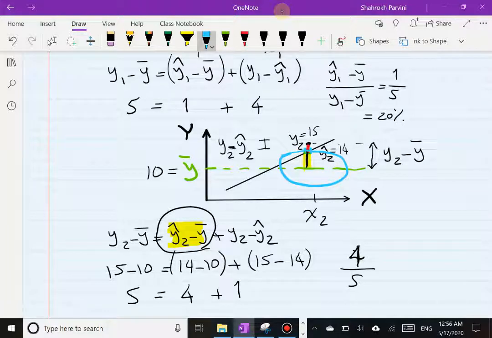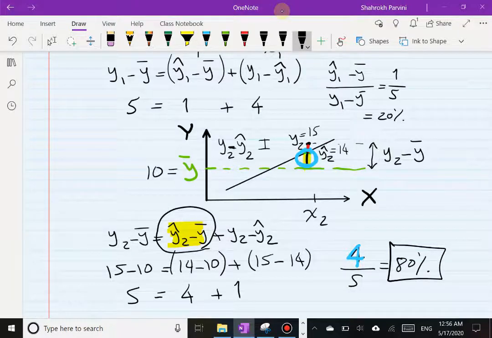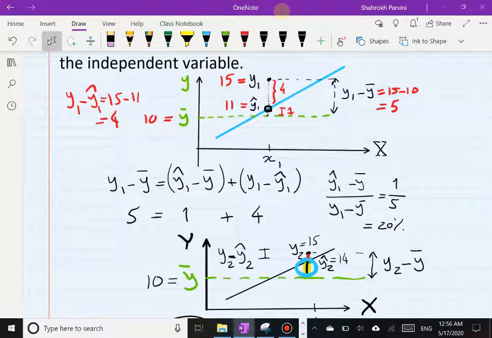That's going to be 4. So now 4/5 is 80%. Look at how high that percentage is relative to the 20% we had earlier.